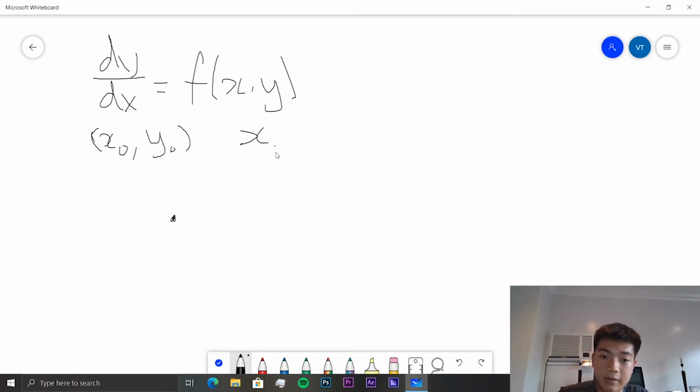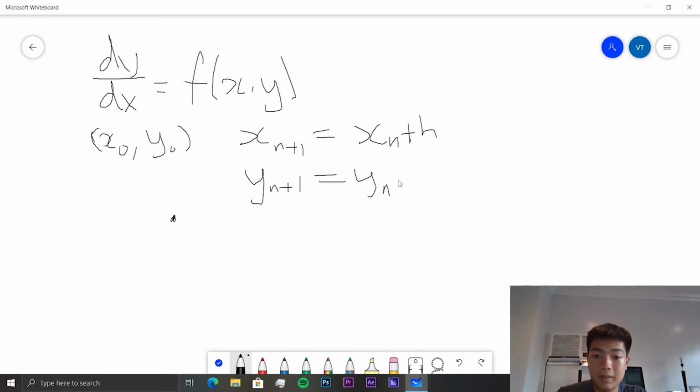So x of n plus 1 is equal to x of n plus h, and y of n plus 1 is equal to y of n plus h times f of x of n, y of n.